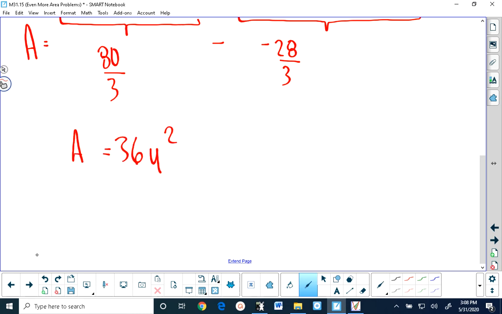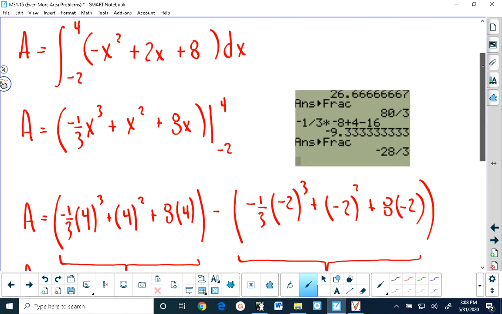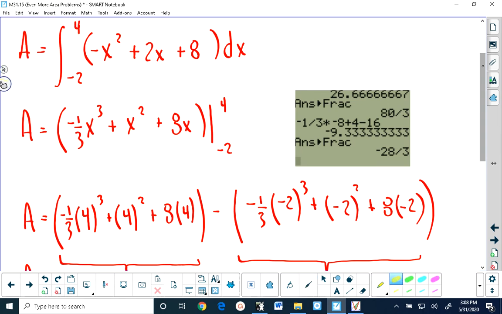Now, is there a way to check this on your calculator? Well, yeah, there is. I wouldn't recommend going back to the beginning and trying to decipher it in terms of areas of each function. What I would do is go to the integral that you built based on the two functions. And you have to have some level of confidence here that says you subtracted the two functions properly and you correctly determined the x-coordinates of the 2 points of intersection.